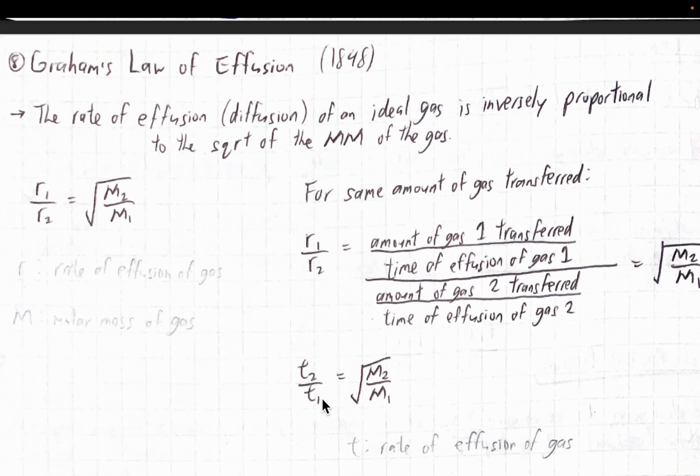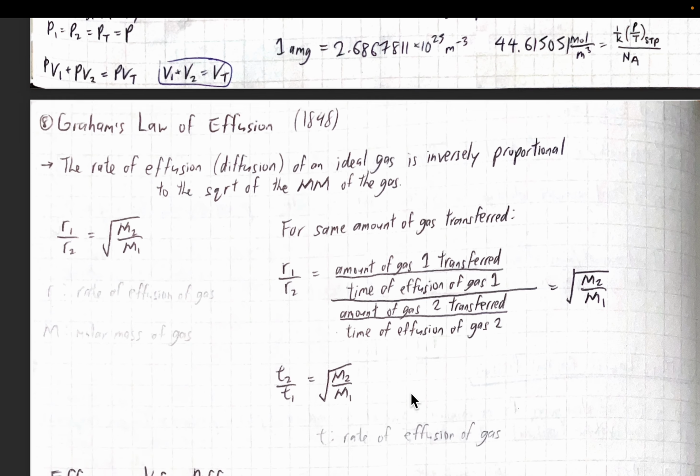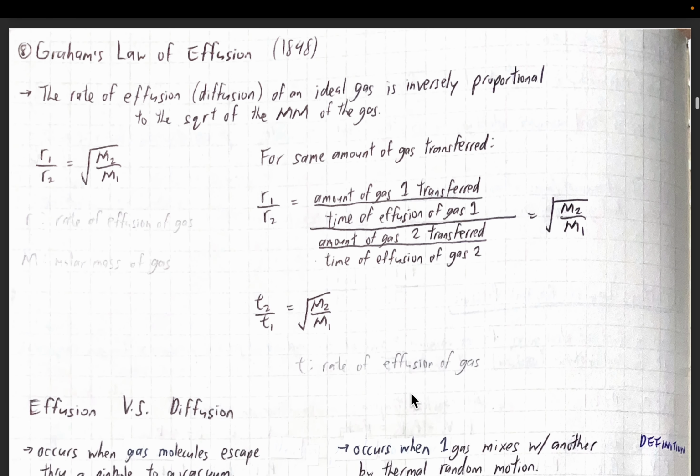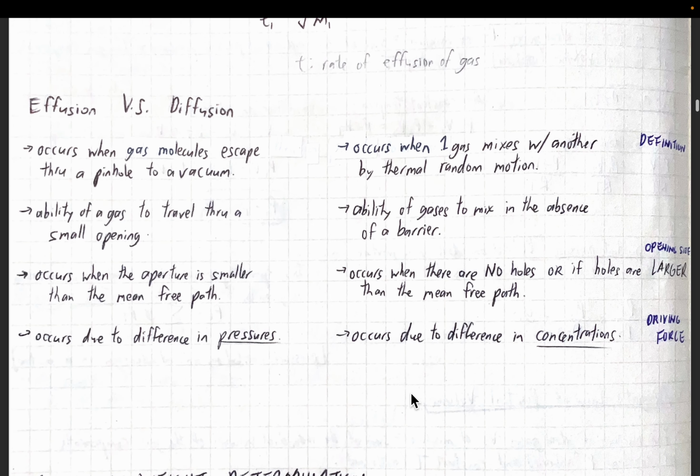Here, T2 over T1 equals the square root of M2 over M1. You see, the numbers 1 and 2, 2 and 1, that is for R and M. Here, T and M. If you have sub 2 in the numerator, it's also sub 2 in the numerator of the molar mass. So notice that difference. That certainly isn't the best explanation, but it's basically how I'd explain it for now.